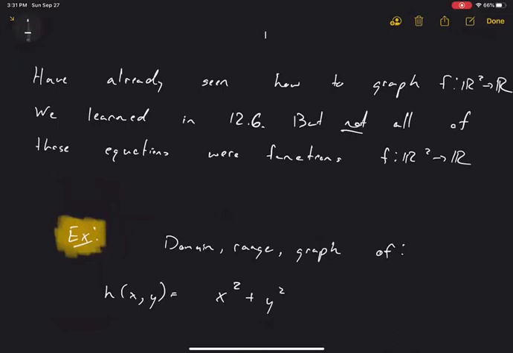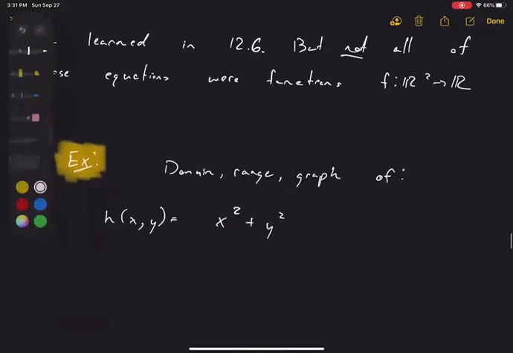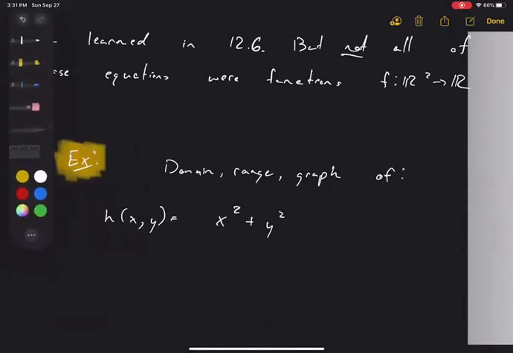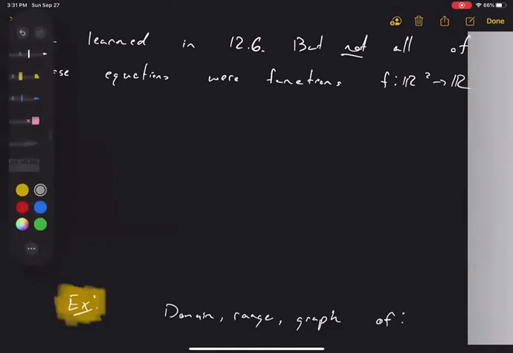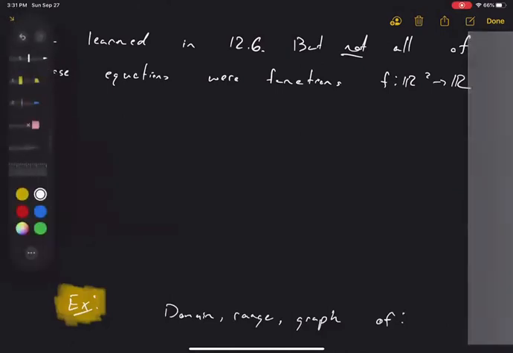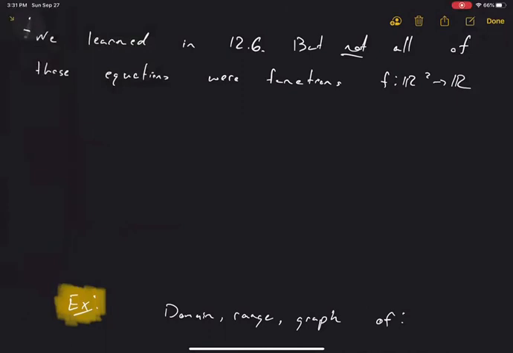So what happened in 12.6? We had a bunch of equations, and these equations had 3 variables. So I had equations like this, and then some looked a bit different. So I had various equations.